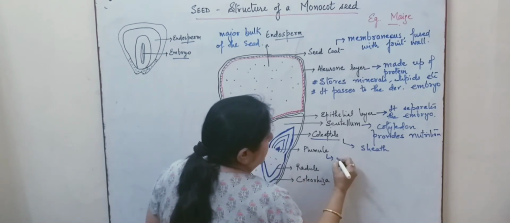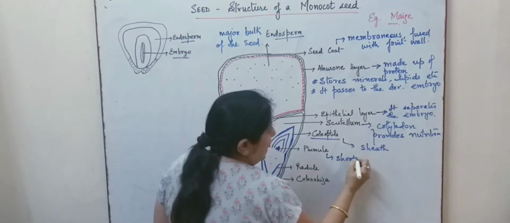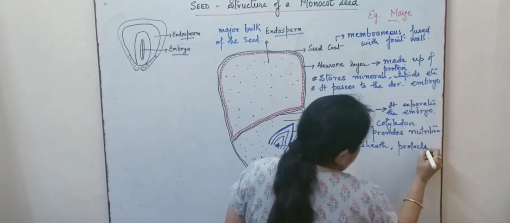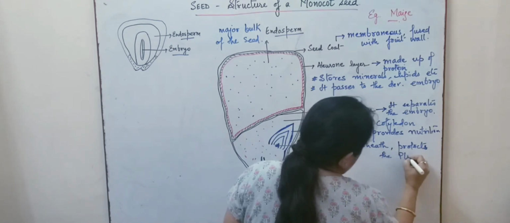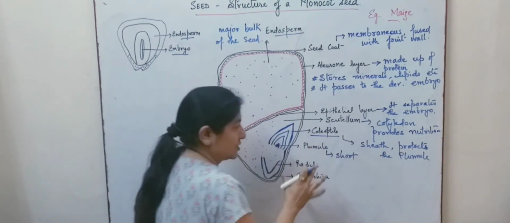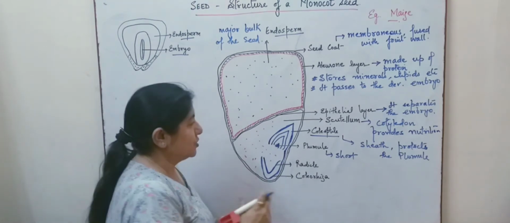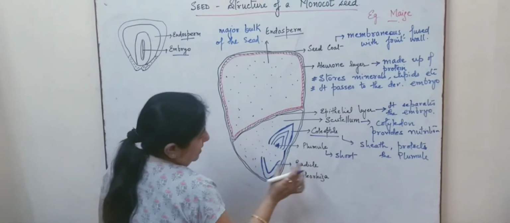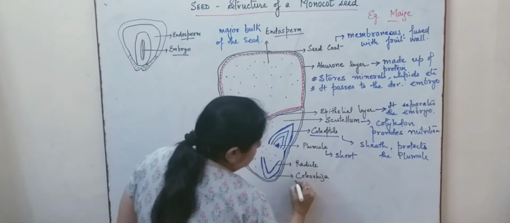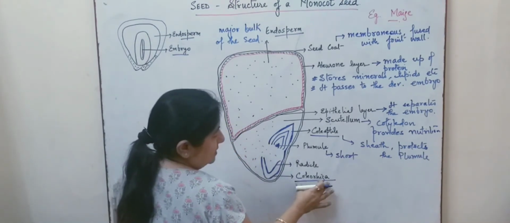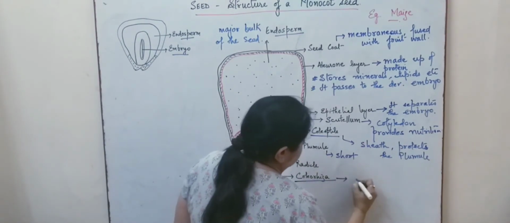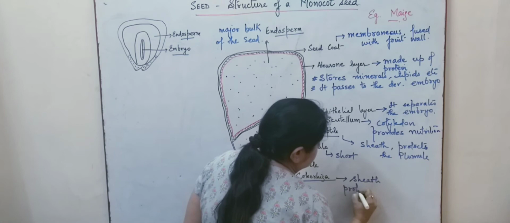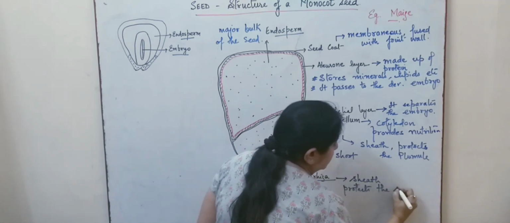The plumule will develop into the shoot, and the cells of this sheath are placed close to each other and protect the developing shoot. The radicle is situated over here and it is protected by another sheath, that is the coleorhiza. So the coleorhiza is a protective sheath that protects the radicle.